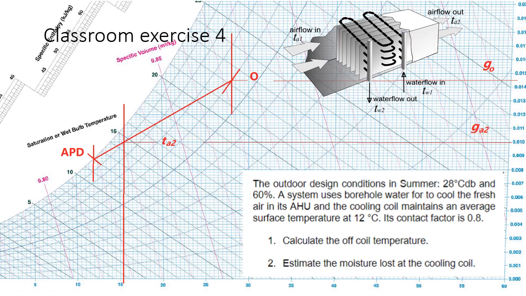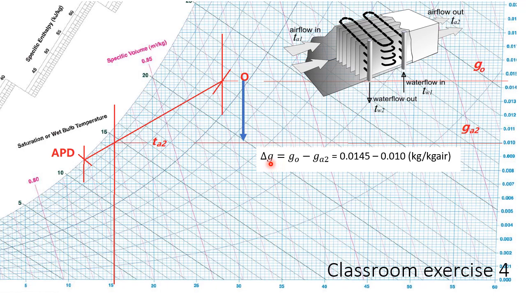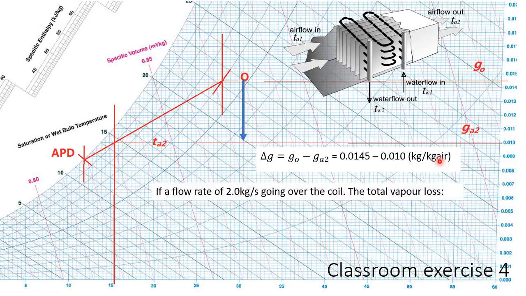Less moisture content. So now this is a drop in moisture content. Okay, drop. So the drop delta G is GO minus GA2. So previously it is 0.0145 minus 0.01. So that will be per kilogram of air, how much lost.